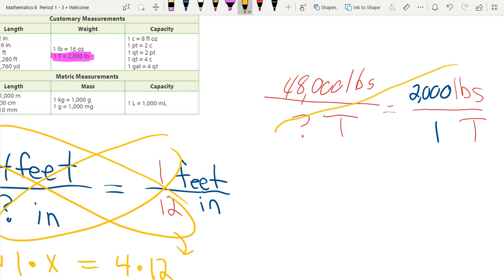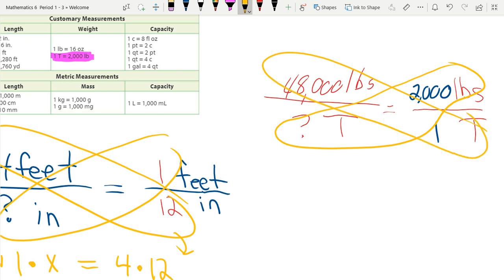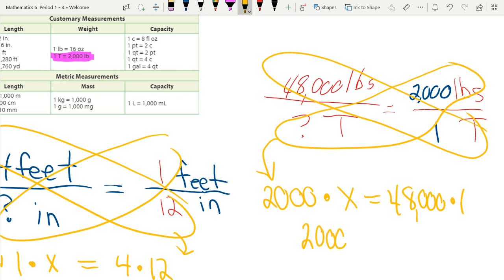Now I'm going to cross multiply. In this case, the left side is 2,000 times the unknown amount of tons, so that's 2,000 times x. And on the right side, it's going to be 48,000 times 1. 2,000 times x is 2,000x.